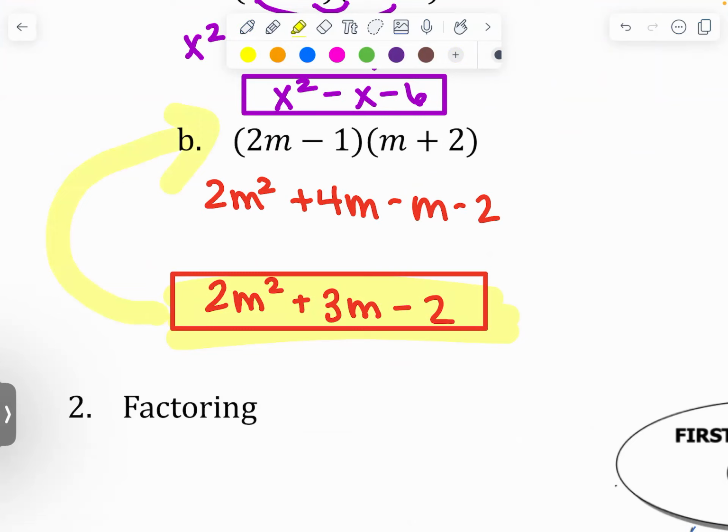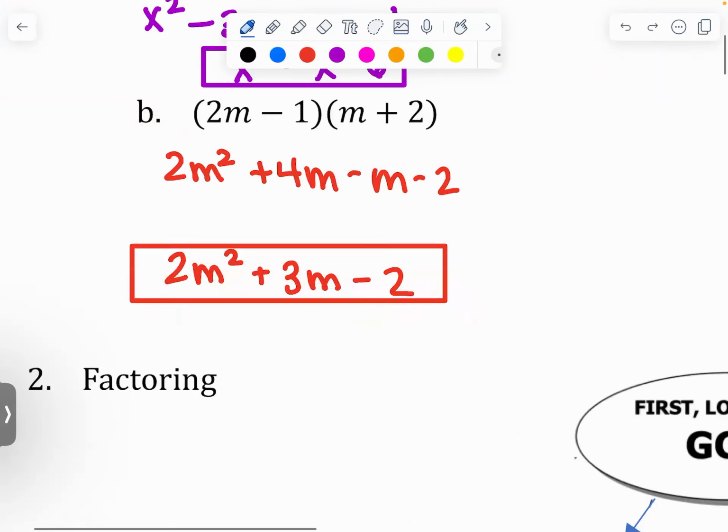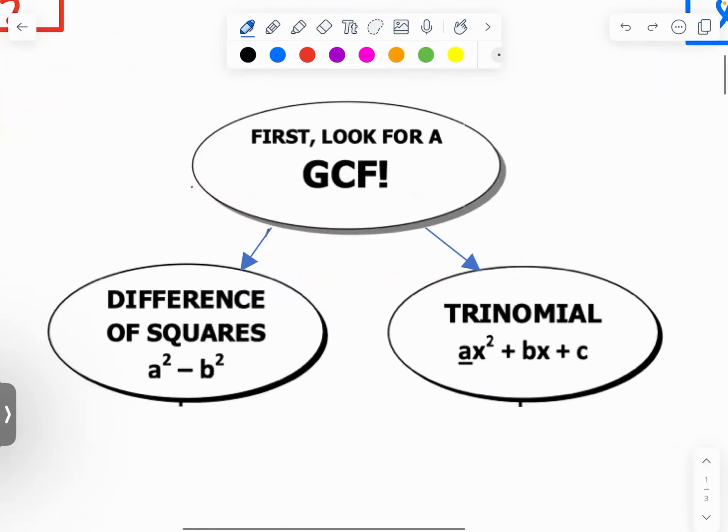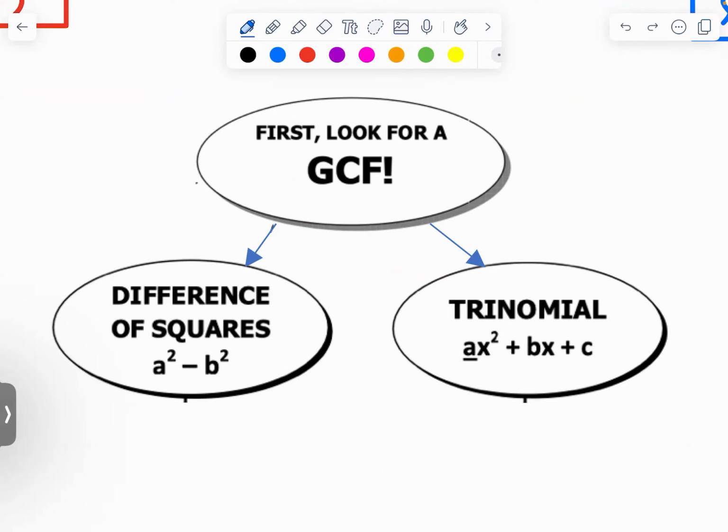We're unfoiling, if you will, but I'm never going to call it that. When this happens, you always need to look for a GCF. What does GCF mean? Greatest common factor. Is there a number or a variable that can be divided out of all of the terms and written out front? Then I want you to notice some patterns.